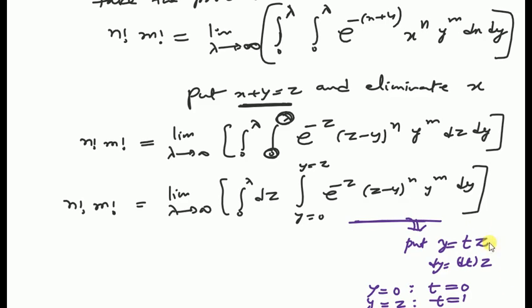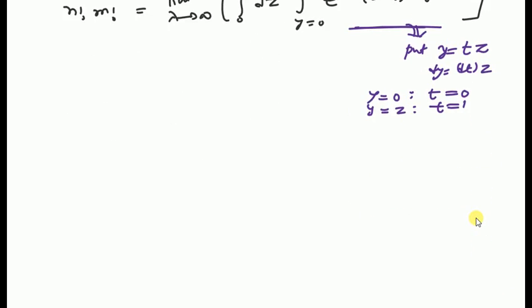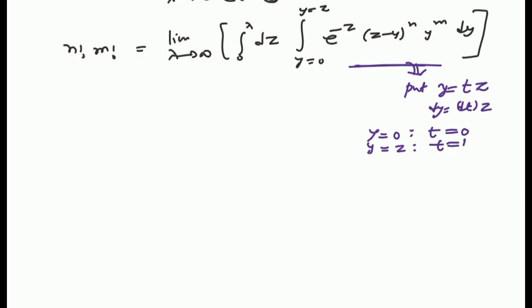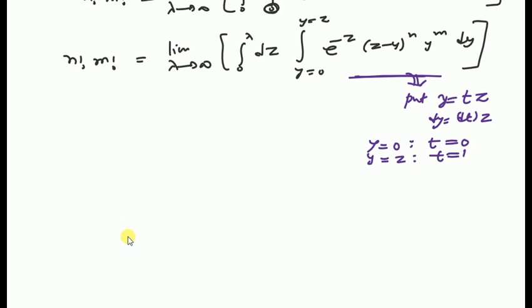Okay, be careful here, the limits will be very big, so be careful. With that, this result will become n factorial m factorial, as it is.